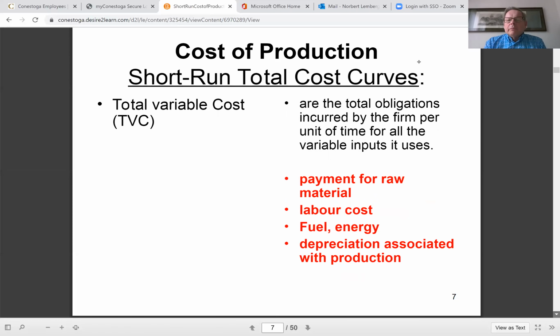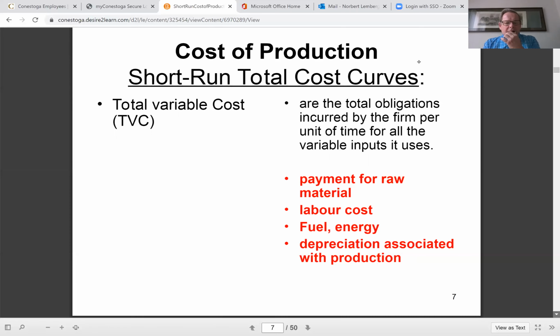Your total variable costs are the total obligations incurred by the firm per unit of time for all the variable factors it uses. Payment for raw material every time period, be it on a daily, weekly, monthly, or yearly basis. The use of raw materials can change and will change, so that makes it a variable cost. Your labor costs are variable.